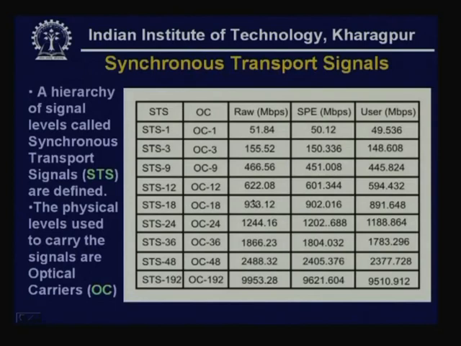Now, as I have mentioned, a hierarchy of signal levels called synchronous transport signals is defined, and these signals have a hierarchy, just like the DS signals we have seen in the telephone network.